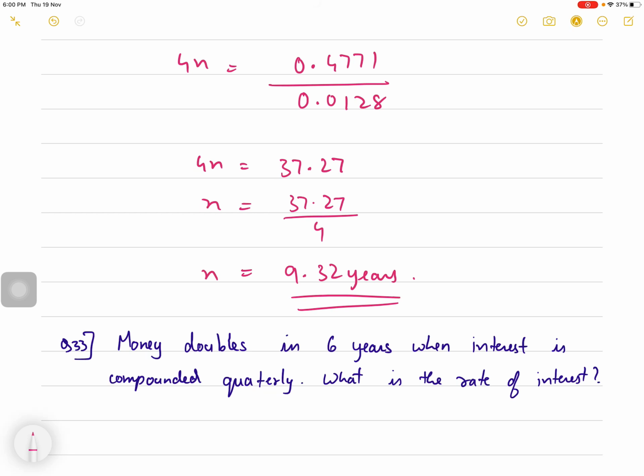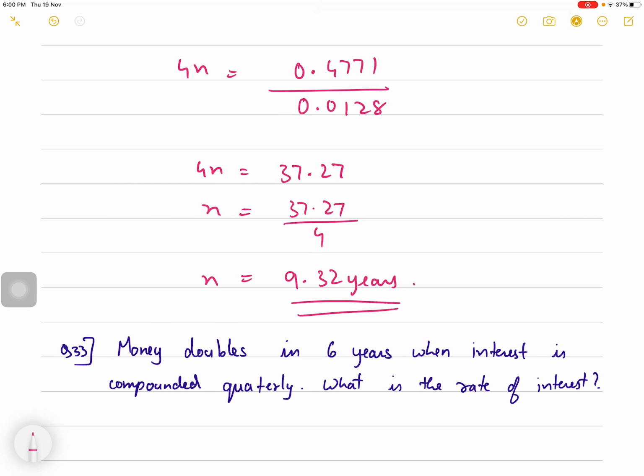Okay, and you can convert 0.32 years into days also. So how do you convert? If 1 year is equal to 365 days, 0.32 is how many days? So 365 multiplied by 0.32.